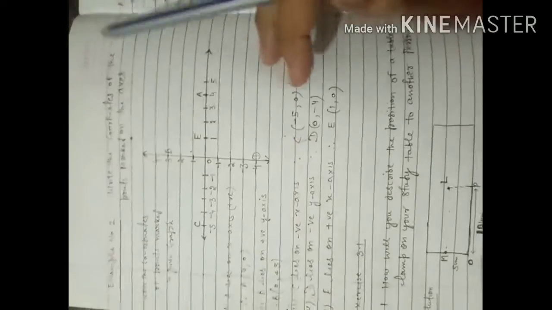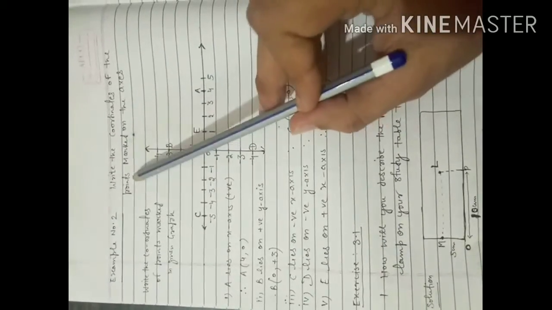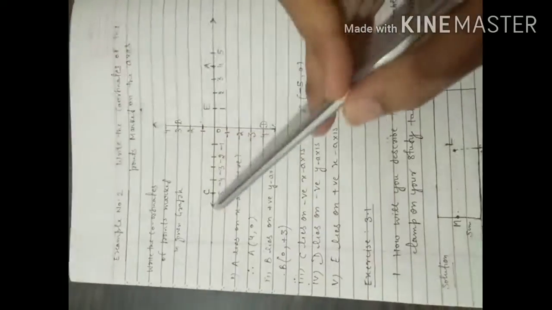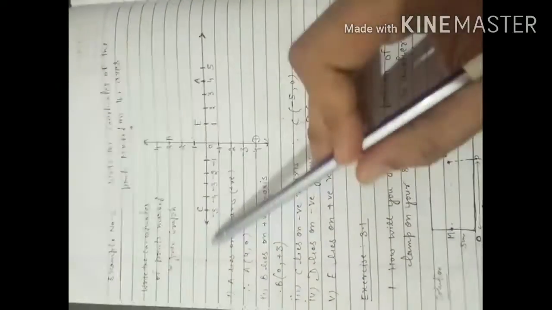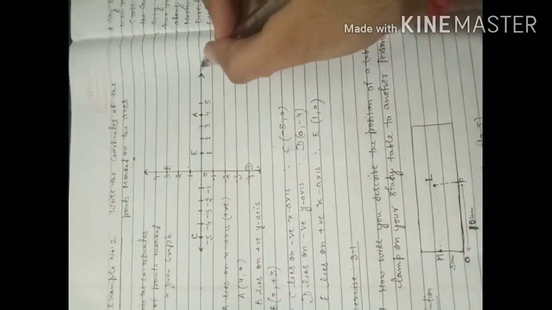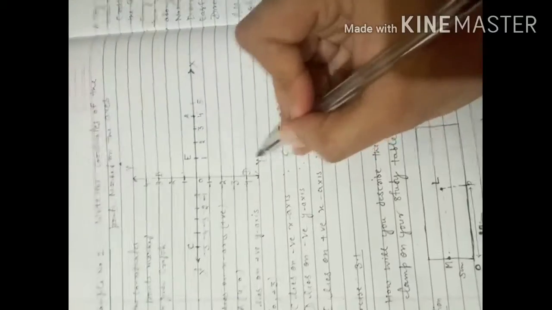Let us move on to example number 2. Write the coordinates of the points marked on the axes. These are the x-axis and the y-axis. We have to mention these: x dash, x, y and y dash.